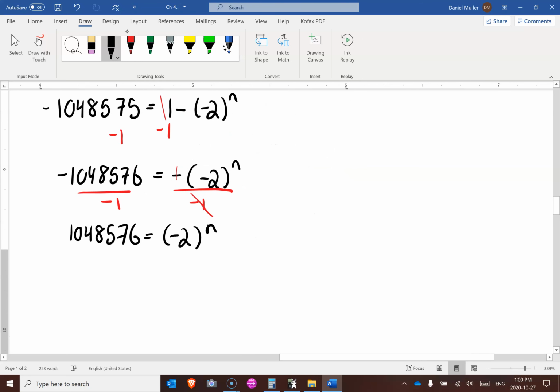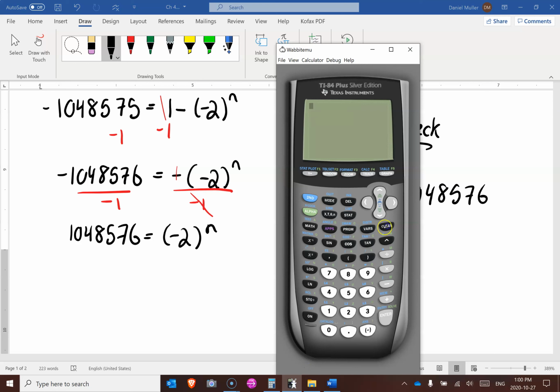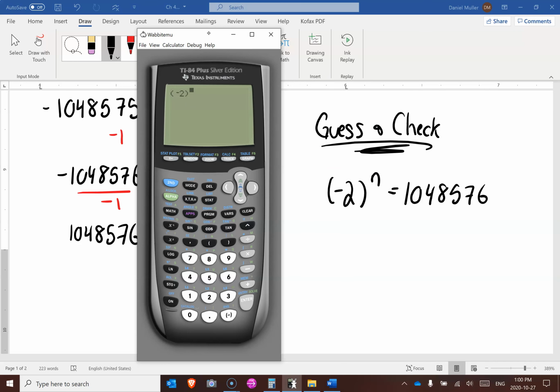Okay, so now we have to guess and check here. I have negative 2 in brackets to some exponent, and it's supposed to equal 1,048,576. I'm going to try 17. Not nearly enough. So I'm going to retype it in and go up. 21 maybe?